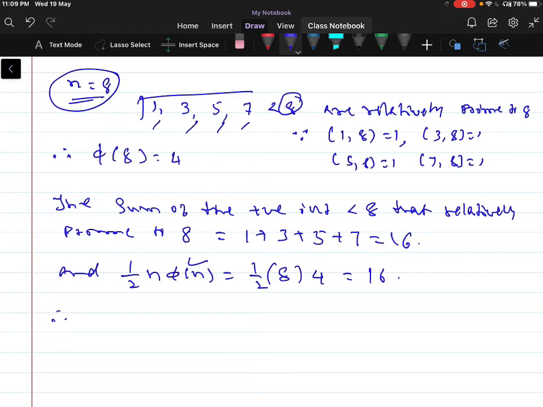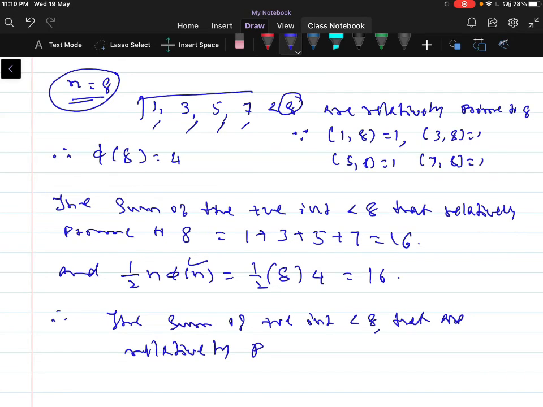Therefore the sum of positive integers less than 8 that are co-primes, relatively prime to 8, is equal to 16.